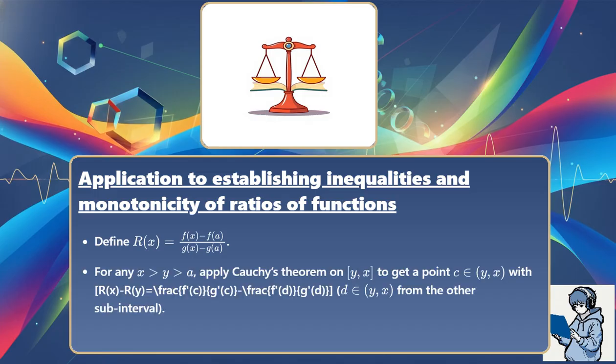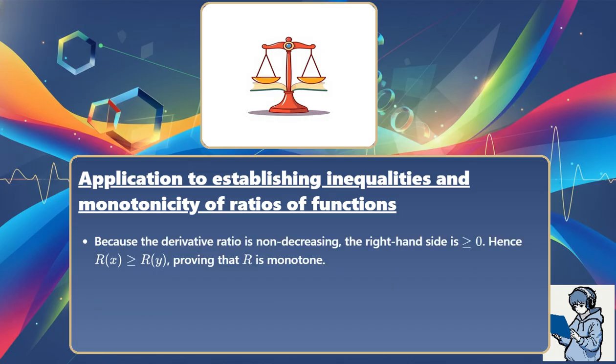For any x greater than y greater than a, apply Cauchy's theorem on the interval from y to x to get a point c in the interval y to x with r of x minus r of y equals f prime of c divided by g prime of c minus f prime of d divided by g prime of d, where d is in the interval y to x from the other subinterval. Because the derivative ratio is non-decreasing, the right-hand side is greater than or equal to 0. Hence, r of x is greater than or equal to r of y, proving that r is monotone.